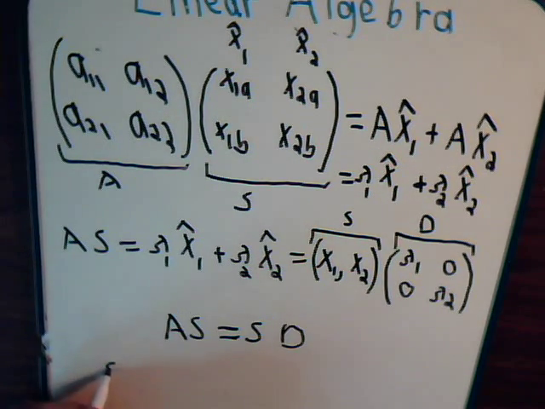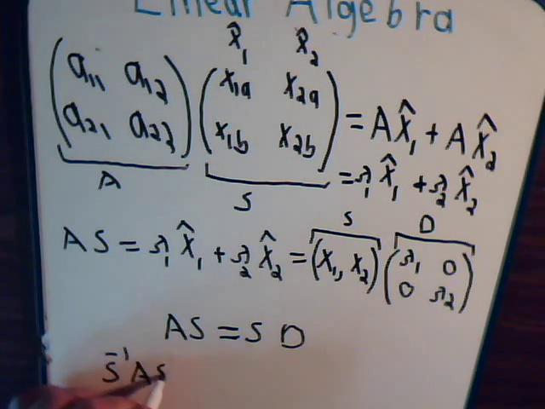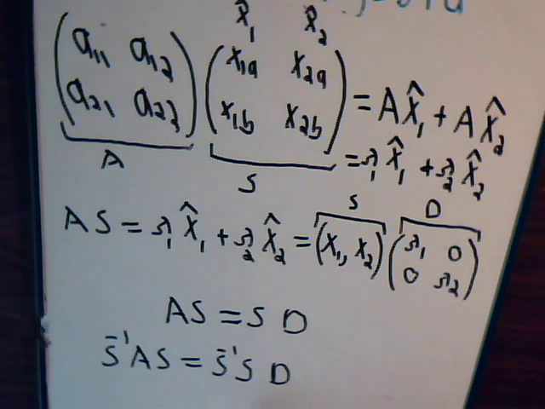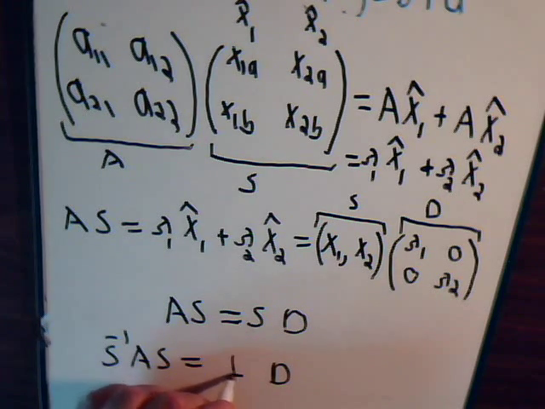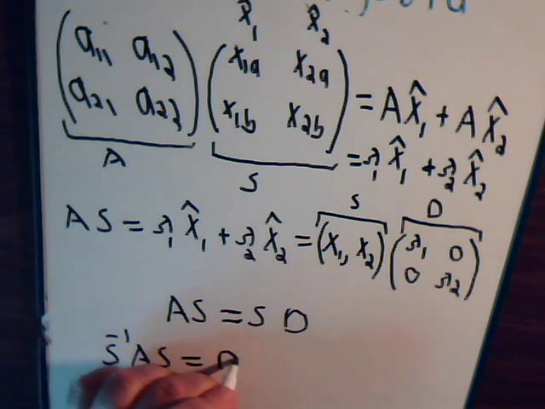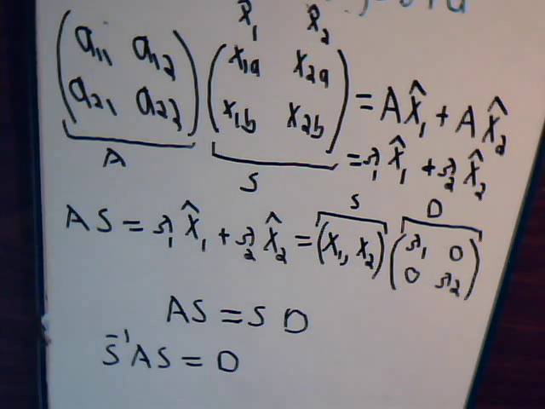So now we have the inverse of S times matrix A times S will equal the inverse of S times S times matrix D. But this, of course, is just the identity matrix. And when you multiply any matrix by the identity matrix, you just get that matrix. So this is just equal to D, the diagonal matrix.